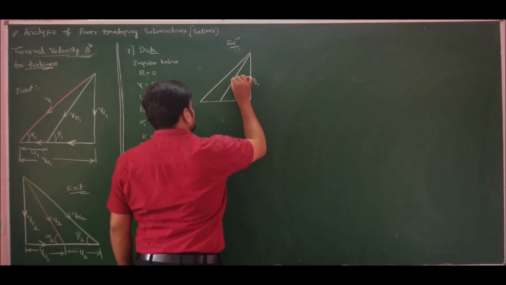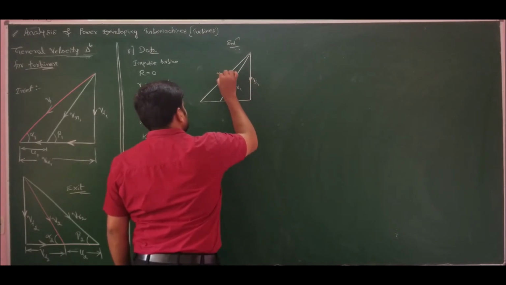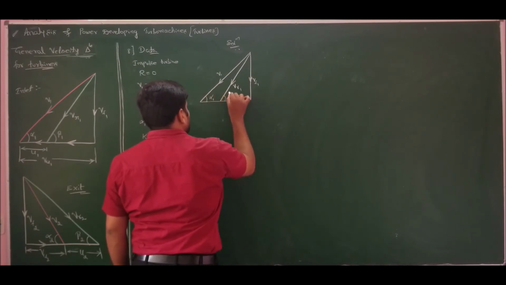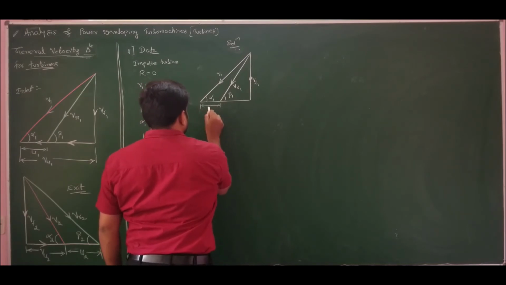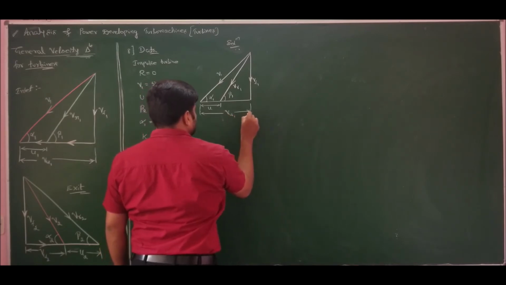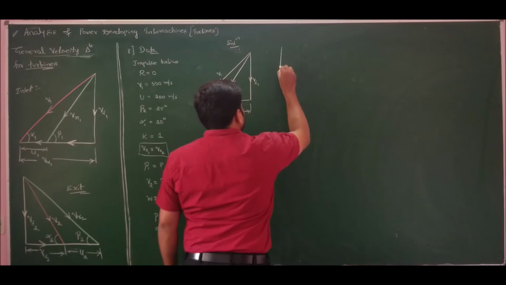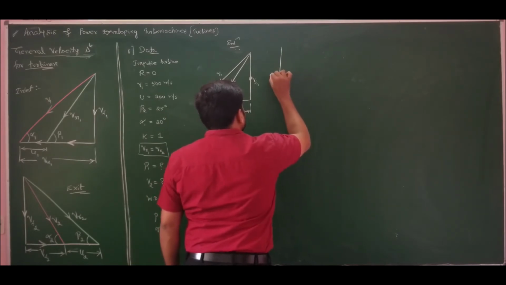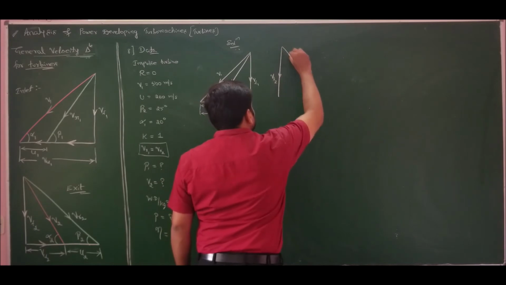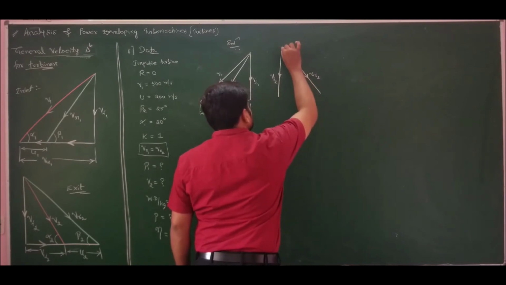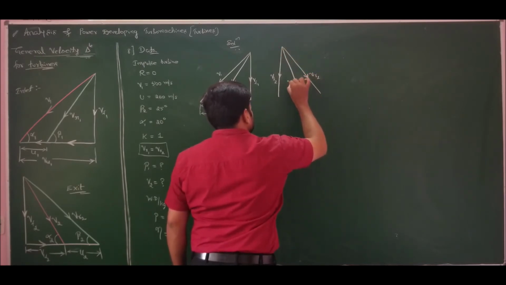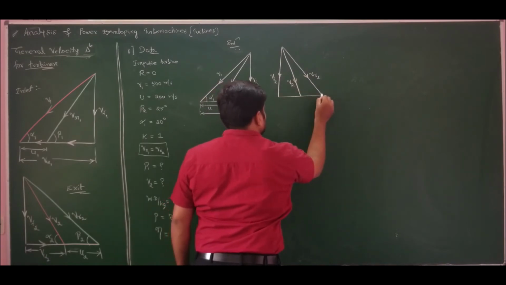If we retain the general velocity triangle, we will get VF1, VR1, V1. The angle made by V1 is alpha 1, the angle made by VR1 is beta 1. Absolute to relative is blade speed U, and absolute to flow velocity is the tangential component of absolute velocity, VU1. If I draw the exit velocity triangle, we have VF2, VR2, V2, join the base.